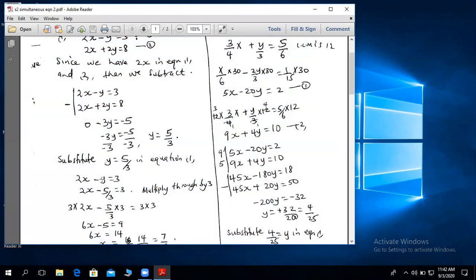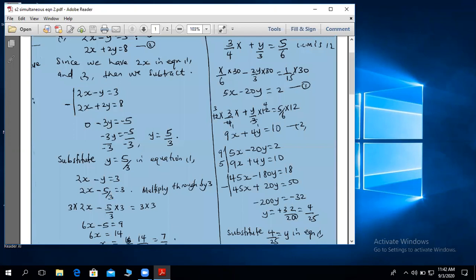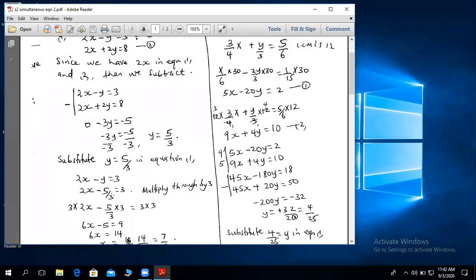So when I put 5 over 3, this equation has fractions. So to eliminate fractions, I multiply by this 3 on every part of the equation. So I multiplied by 3 here, I also multiplied by 3 here, and I also multiplied by 3 across here, as you can see. So what do I remain with? 6x, 3 times 2, 6x.